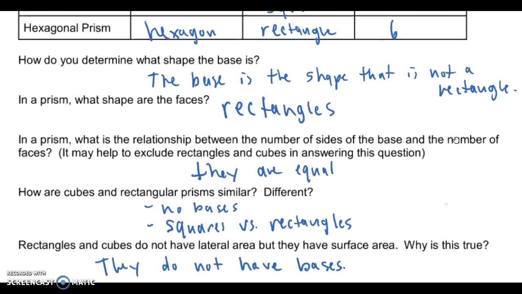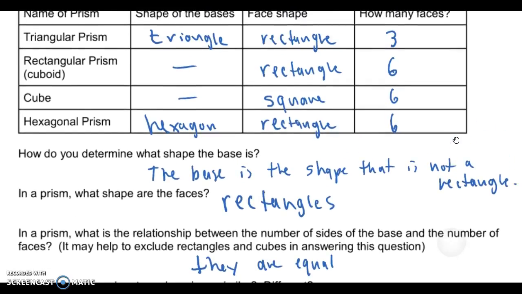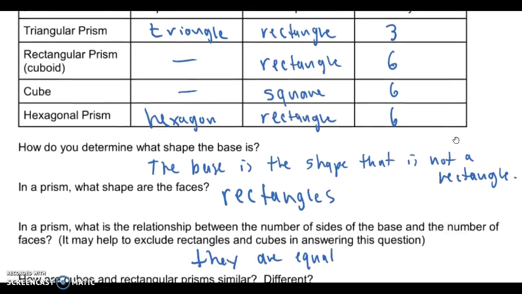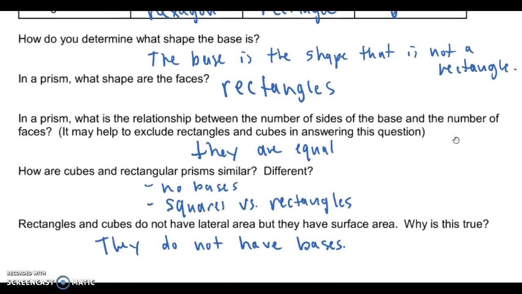And the number of sides of the base and the number of faces of the prism are exactly the same. So in a triangular prism, 3 rectangles; hexagonal prism, 6 rectangles. If we went to an octagonal prism, we would have 8 rectangles.